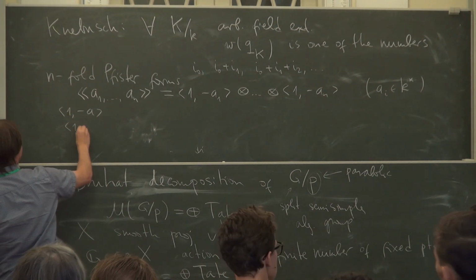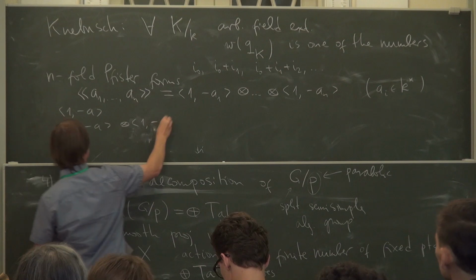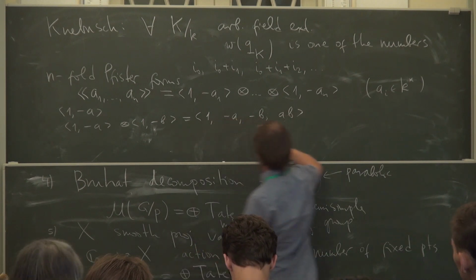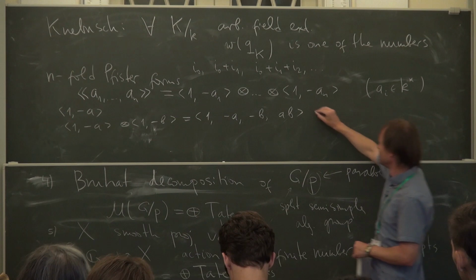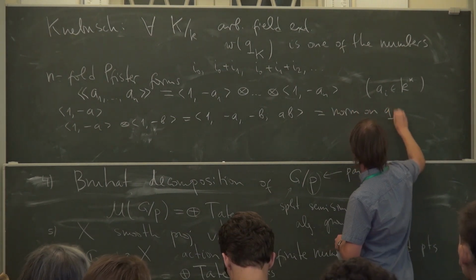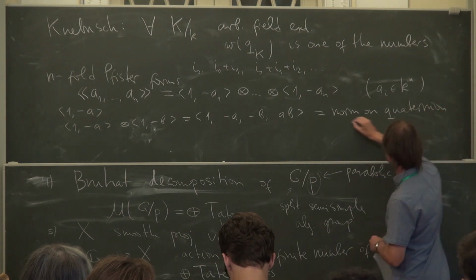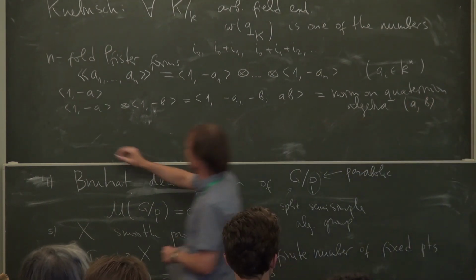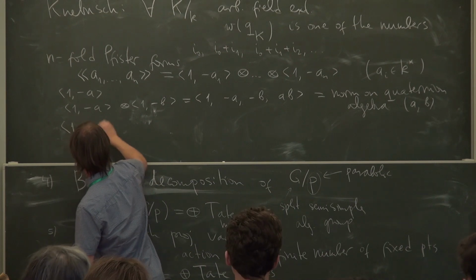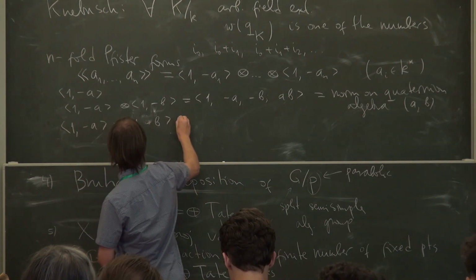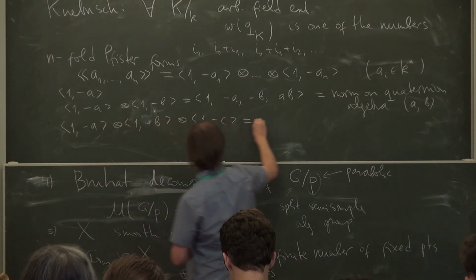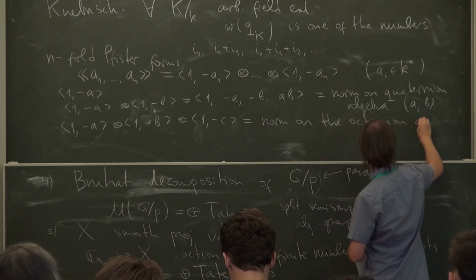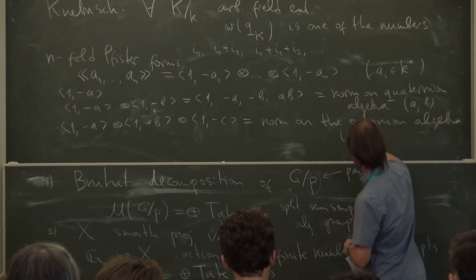If n is 2, then, let me do one computation, this form is the norm form on a quaternion algebra (a, b), and a threefold Pfister form is a norm form on an octonion algebra (a, b, c).